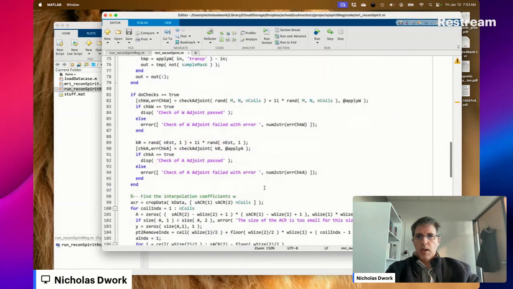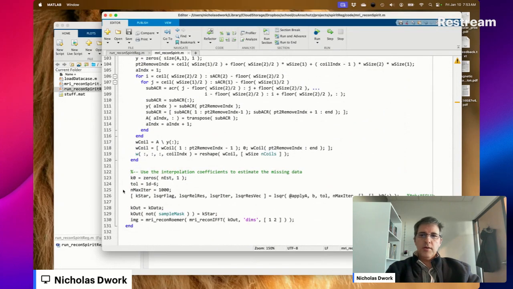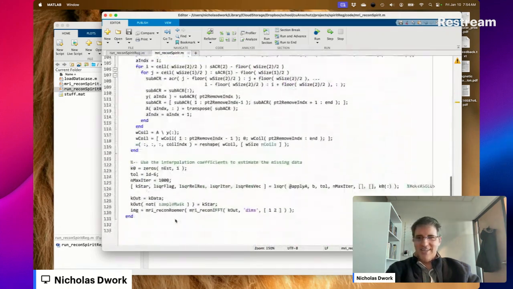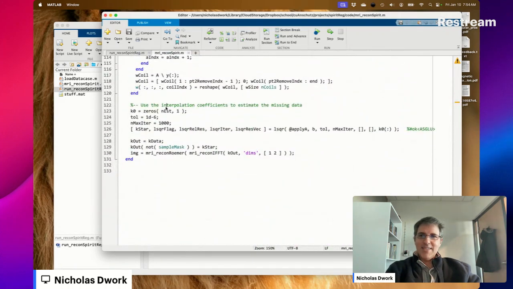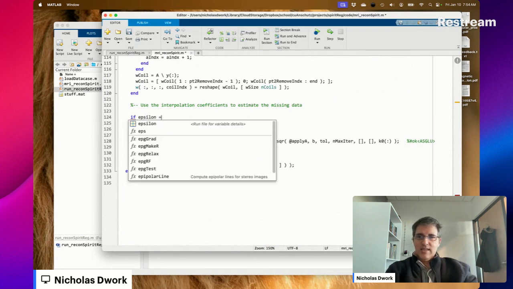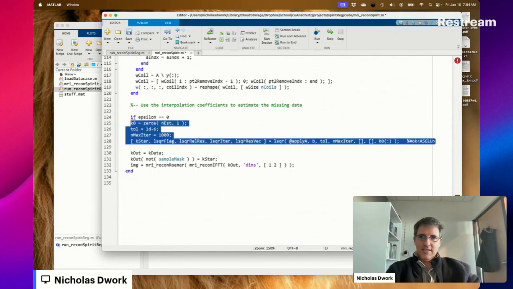Okay, now, I'm hoping we don't have to change any of this. We're going to have to add some stuff.